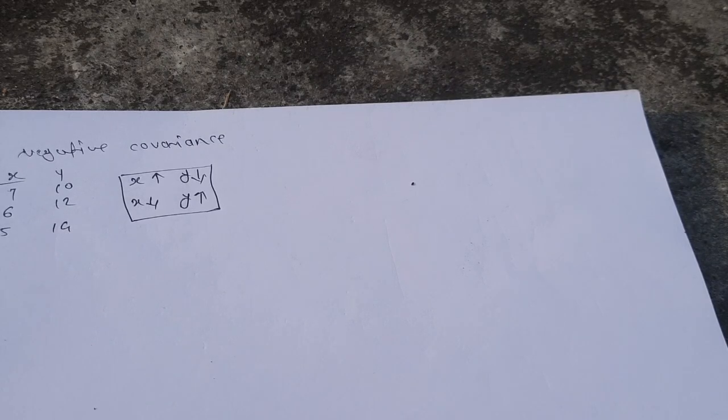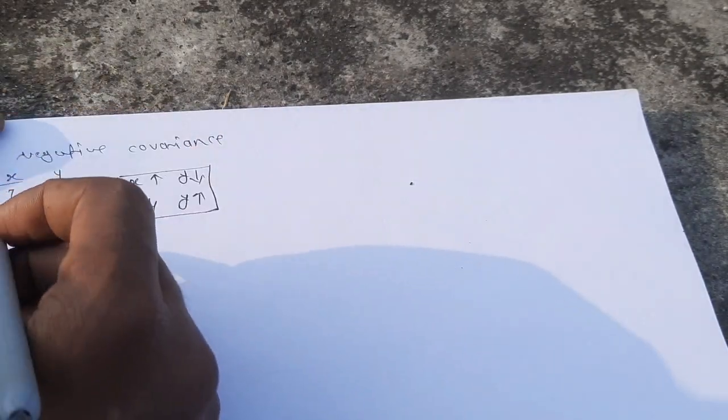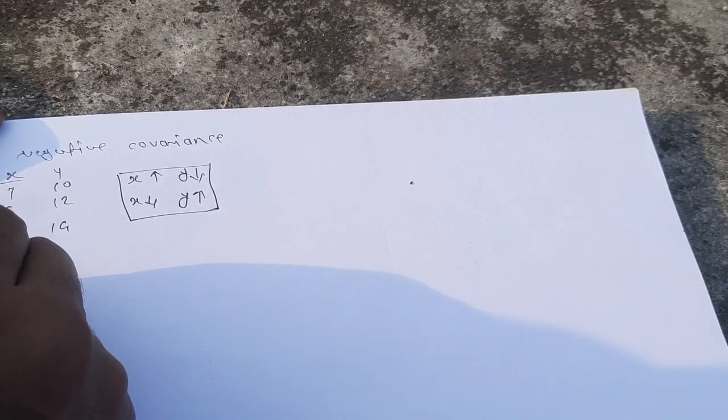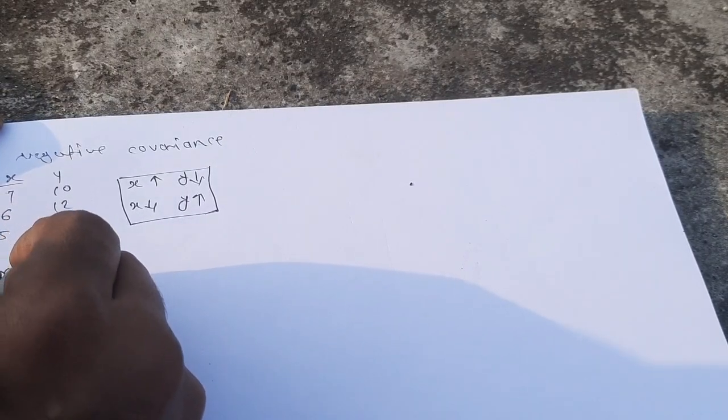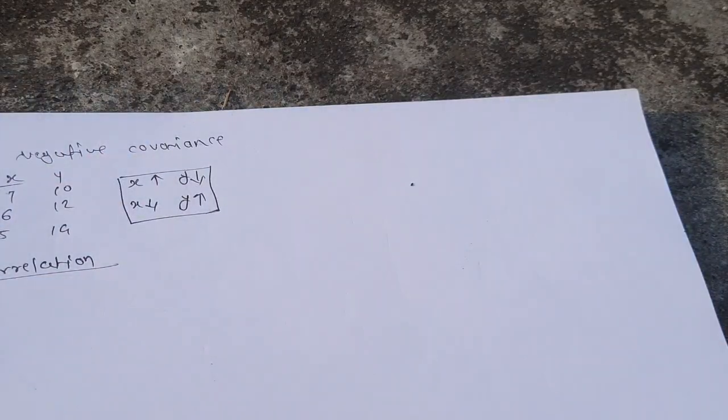Now we have seen covariance, and next we start with correlations.